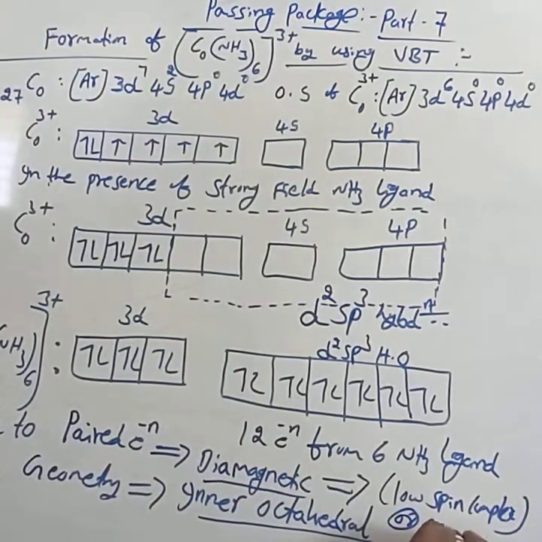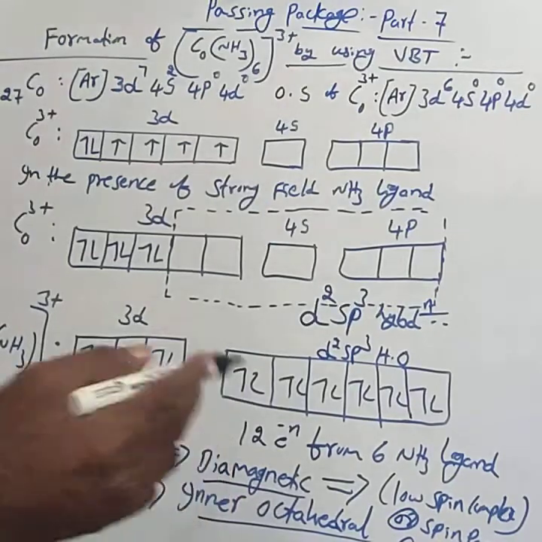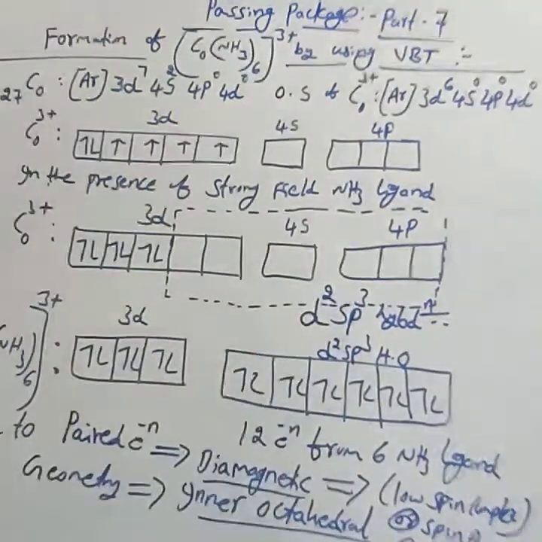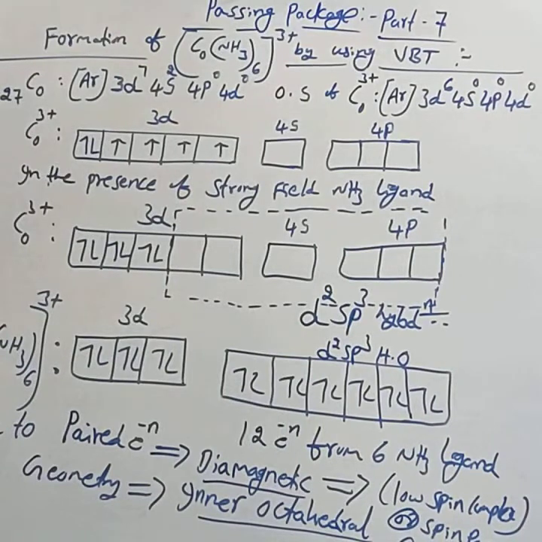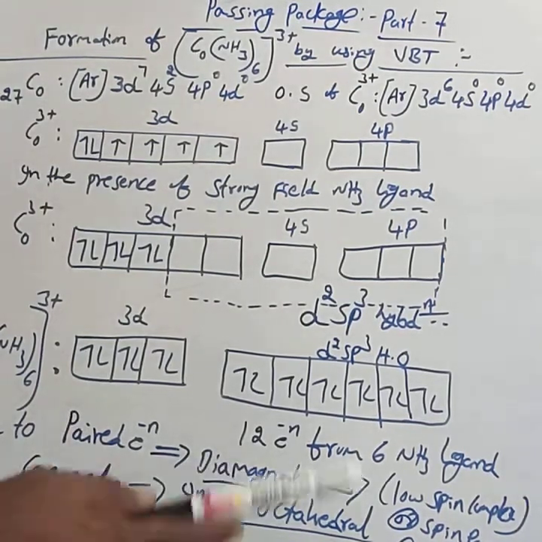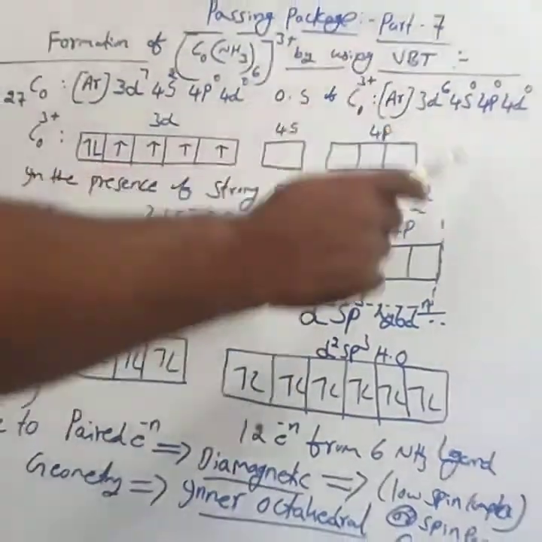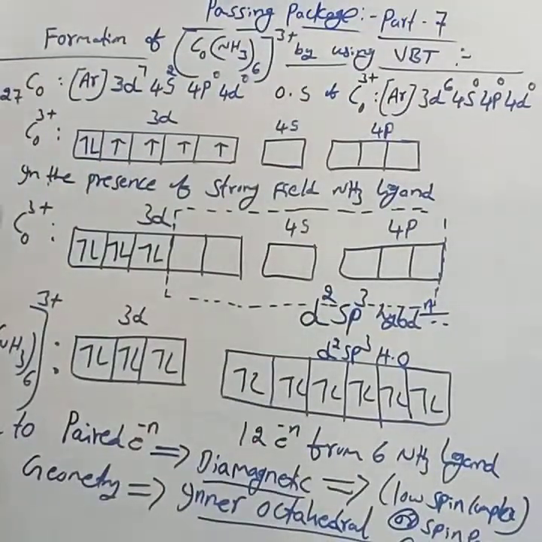If you know, then only write low spin complex or spin paired complex; otherwise just stop at diamagnetic. In the annual exam, they ask the hybridization of the complex, magnetic nature and geometry, and to explain its formation. Just this much is enough for the 3 marks.